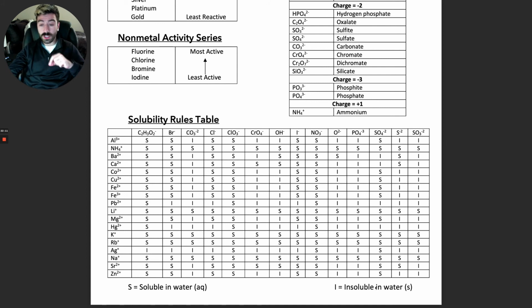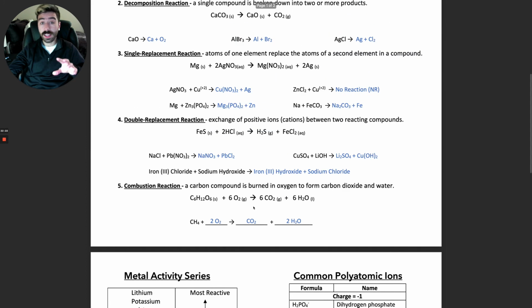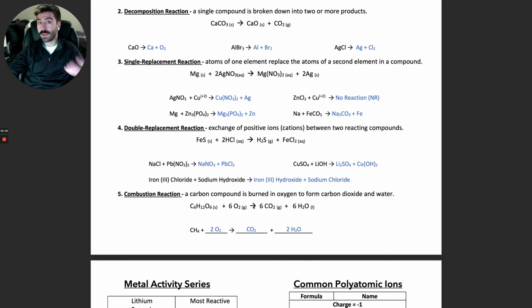And so we use this chart to figure out which product in a double replacement reaction will precipitate out of the solution. Now, I'm not going to ask you to do that a lot in 7.2, but I want you to be familiar with how to do that as we go forward. So here, this would stay aqueous, and this would precipitate out of the solution and form a solid. But we're not going to do that with the rest.